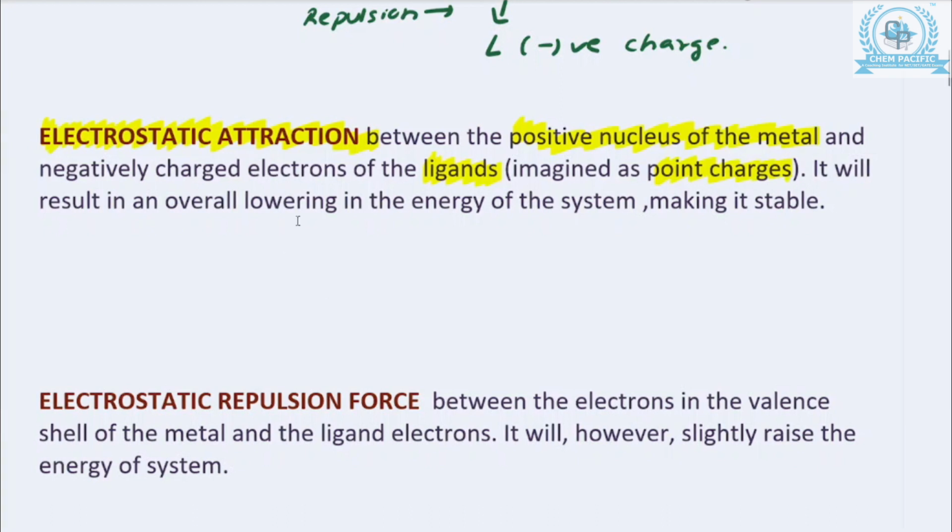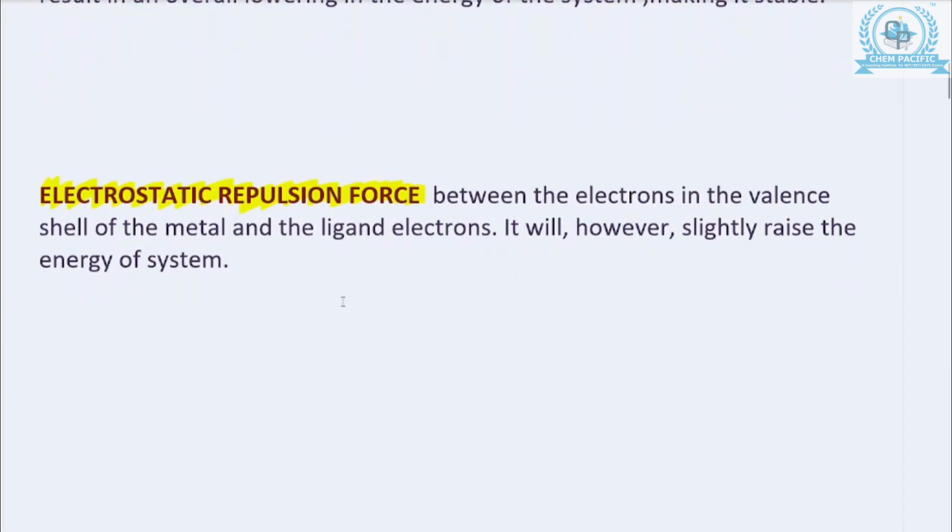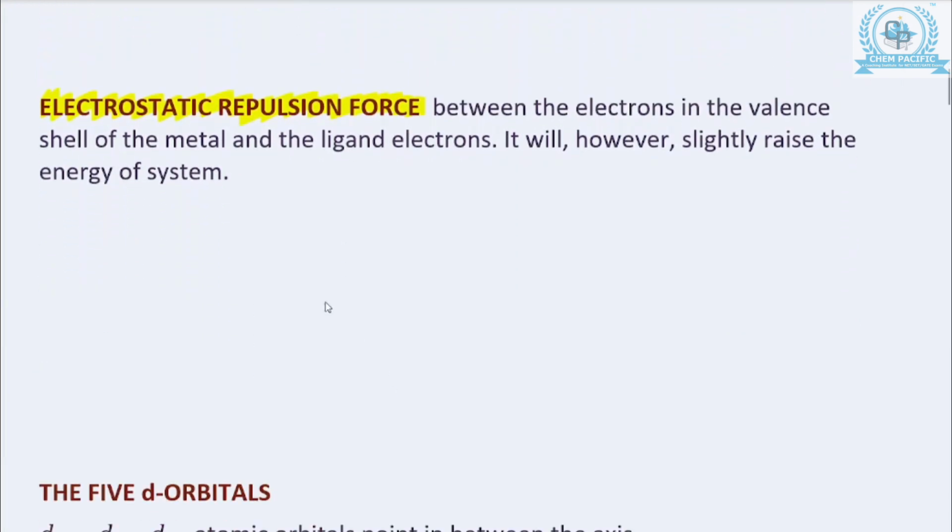The second is the electrostatic repulsion between the electrons in the valence shell and the ligand electrons. In this case, the electrons in the valence shell are mostly the d orbitals. So it is very clear that there are two types of electrostatic forces: one is attraction and one is repulsion.